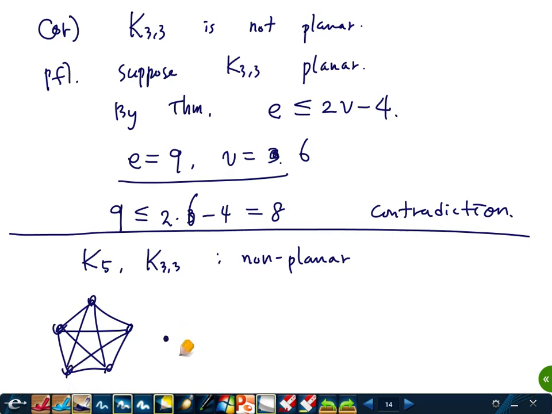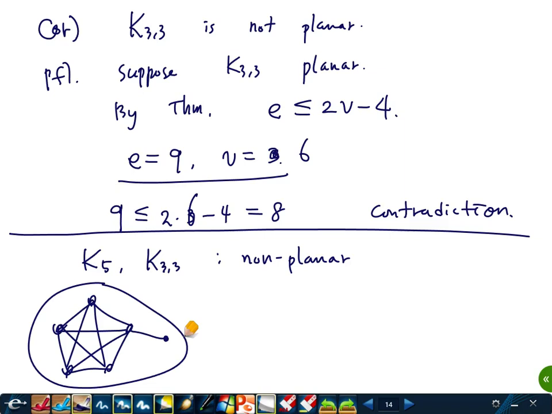Just add one more vertex and connect it to this. Do you think this is a non-planar graph? Of course it is. If you add more edges or more vertices to a non-planar graph, the result is also a non-planar graph, because this portion of the graph is already non-planar. You cannot have the full graph planar.